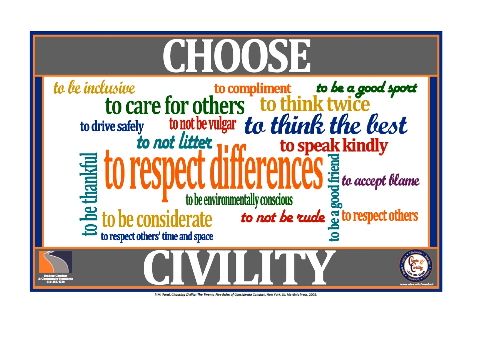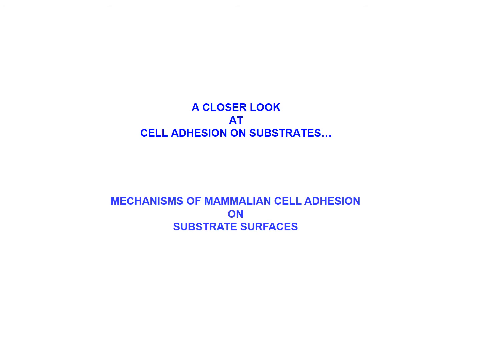How do proteins mediate the interactions of cells with substrates? In order to answer that question, we must take a closer look at cell adhesion on substrates. In other words, we need to investigate the mechanism used by cells when they adhere on the surfaces of substrates.